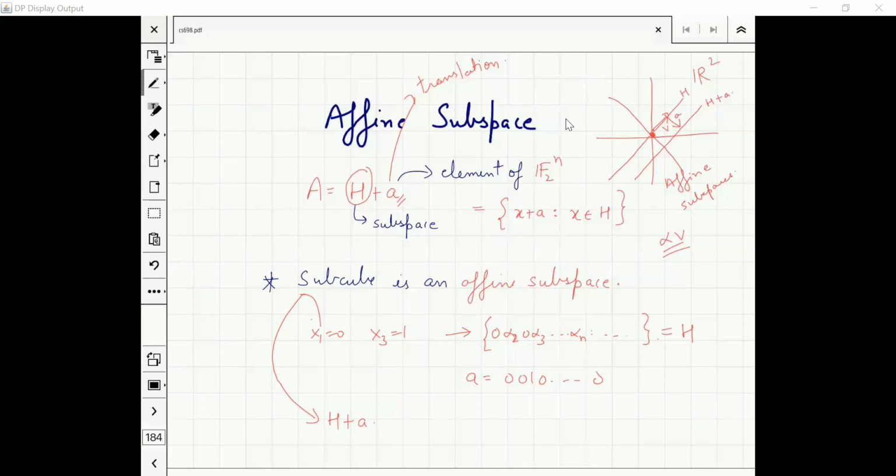Everyone is not fine. So what is the question? Is the definition of subspaces clear? Yes, sir. Okay, so give me an affine subspace which is not a subspace.